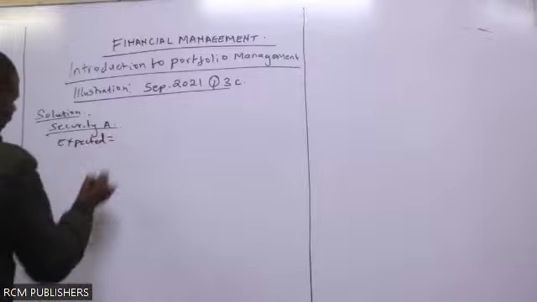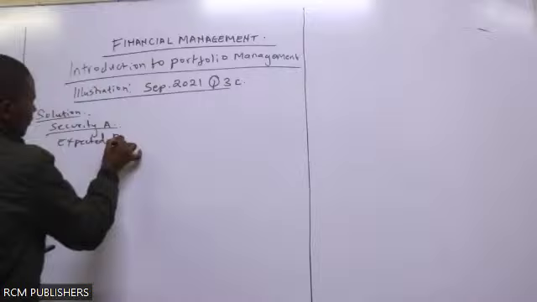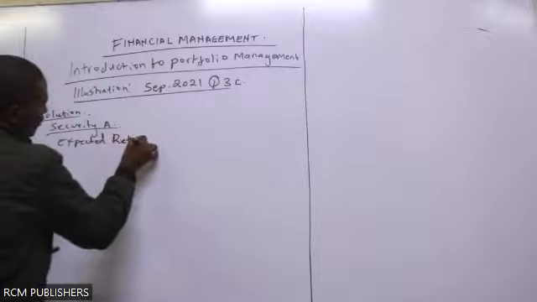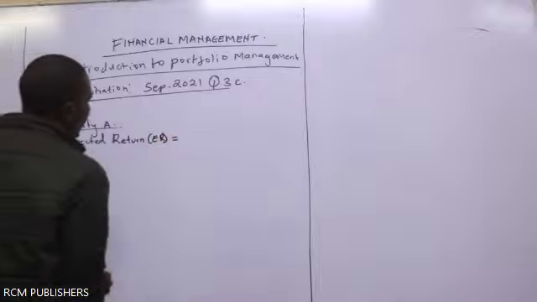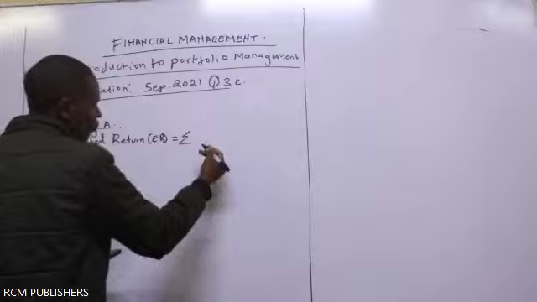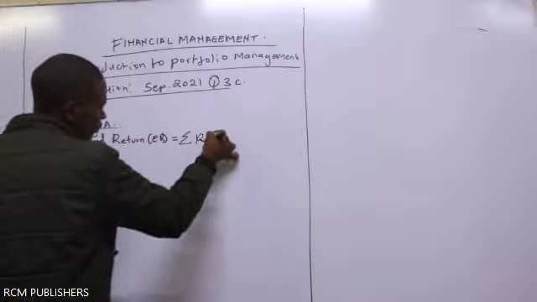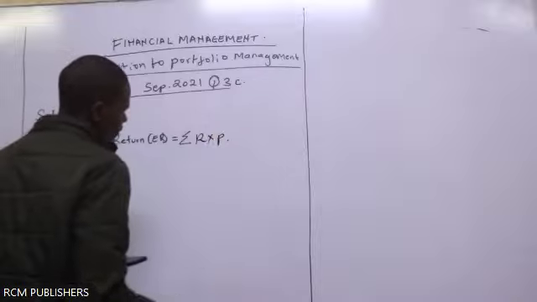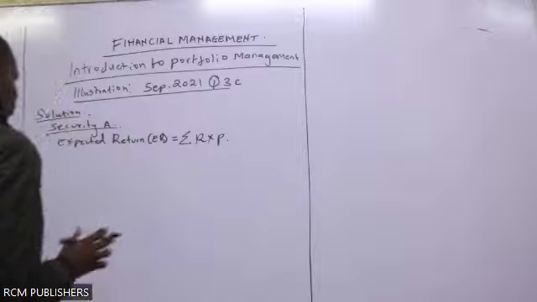So for me, I can write that the expected return will be given by the summation of return times probability. With that, I'm good to go.